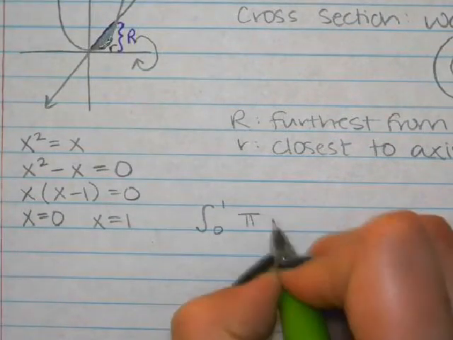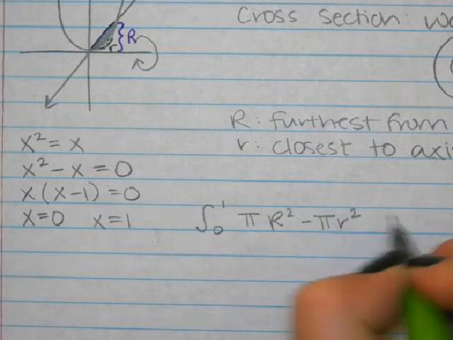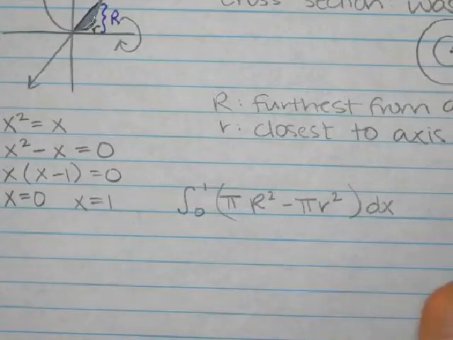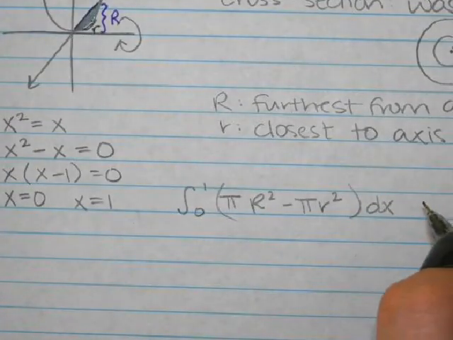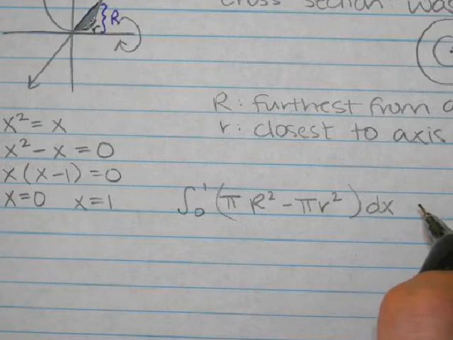So I'm going to do pi R squared minus pi r squared for my interval. And each individual radius is going to be top minus bottom if you're in terms of x, or right minus left if you're in terms of y. So in this case, our top minus bottom is going to be the curve and the x-axis, so we're going to be subtracting 0.